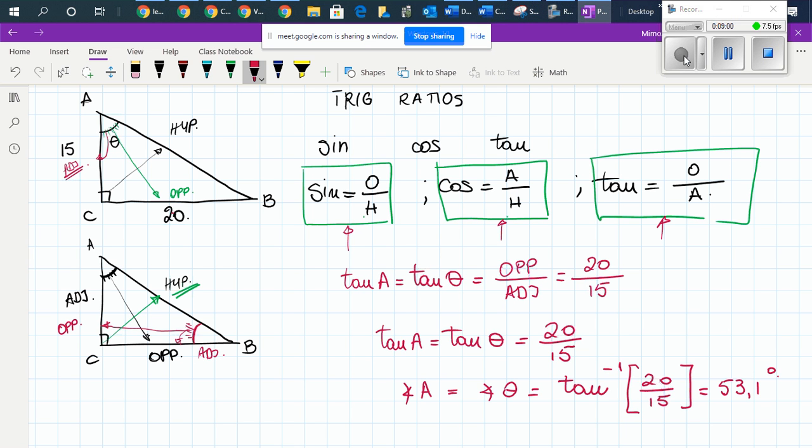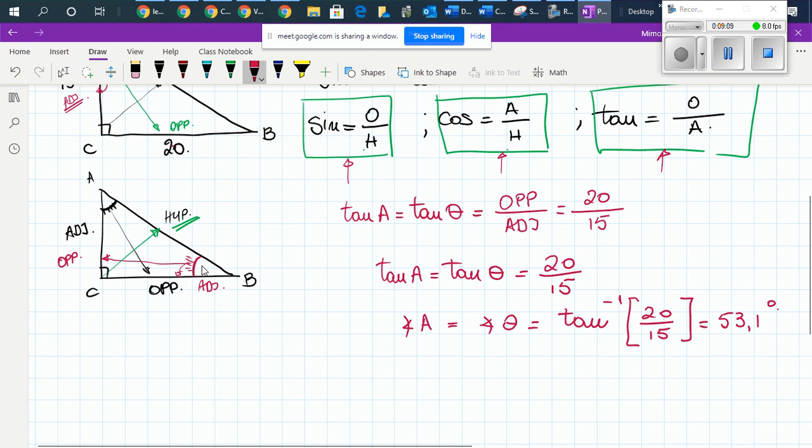53.1 degrees. Now, when you see the expression solve the triangle, what does this mean? It is finding all the angles and all the sides of the right angle triangle.